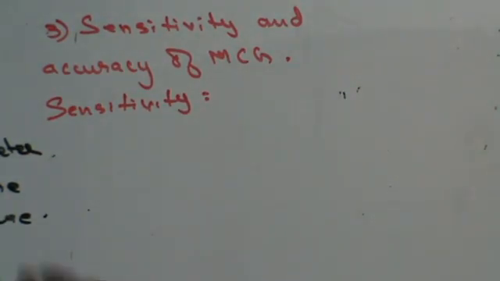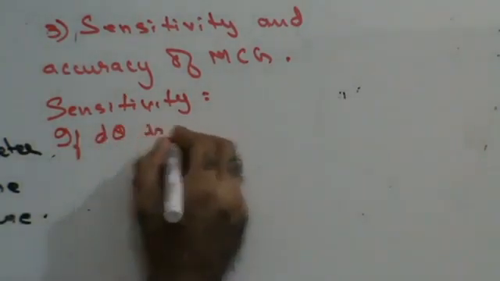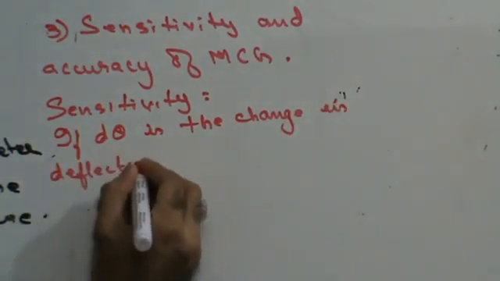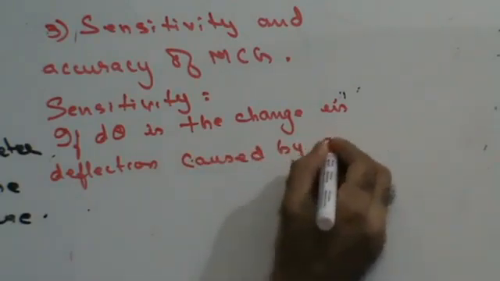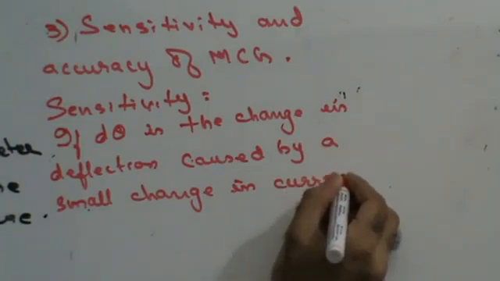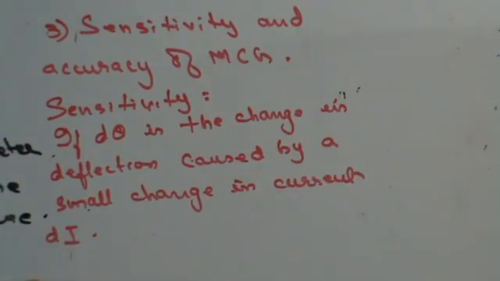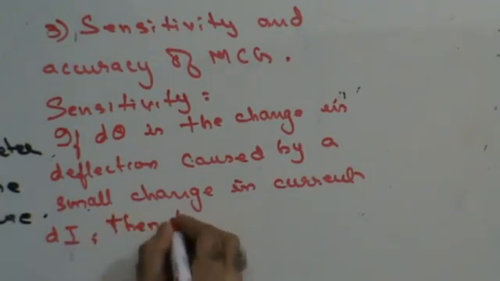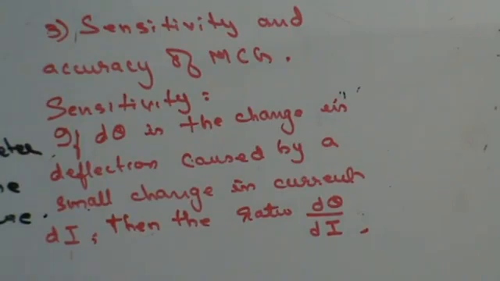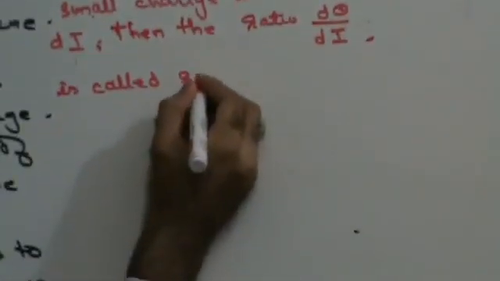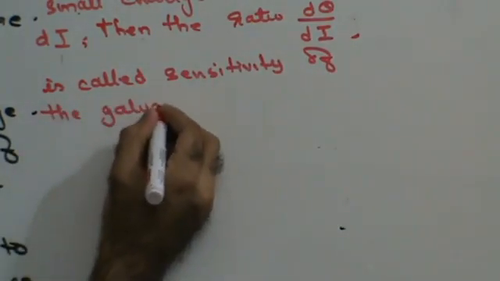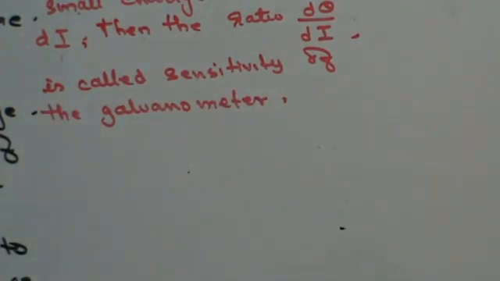If d theta is the change in deflection caused by a small change in current di, then the ratio d theta upon di is called the sensitivity of the galvanometer. Fine, do we get this clear?